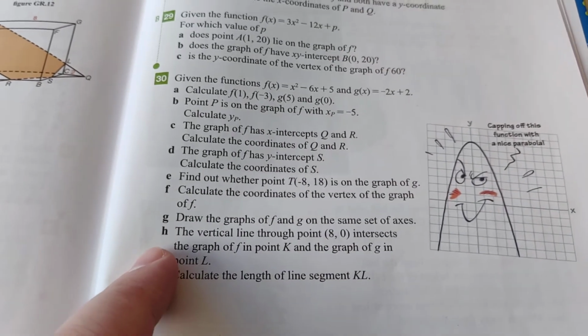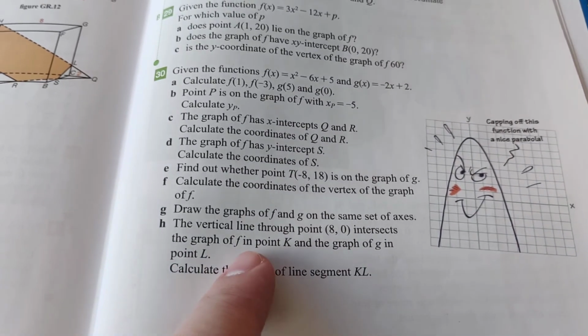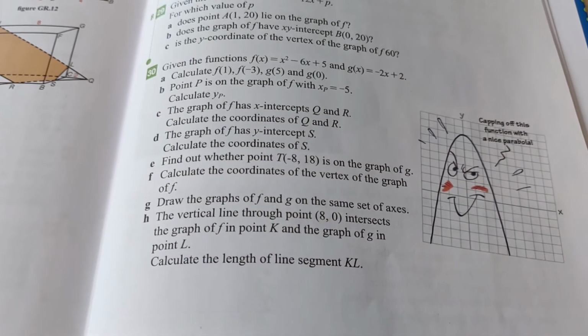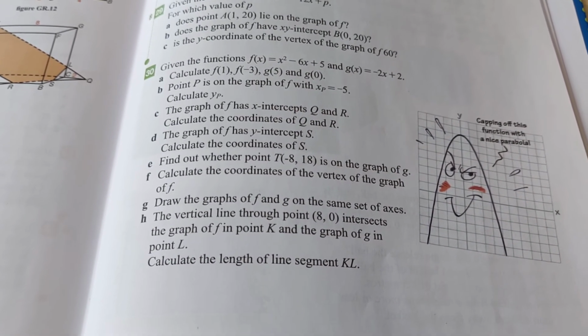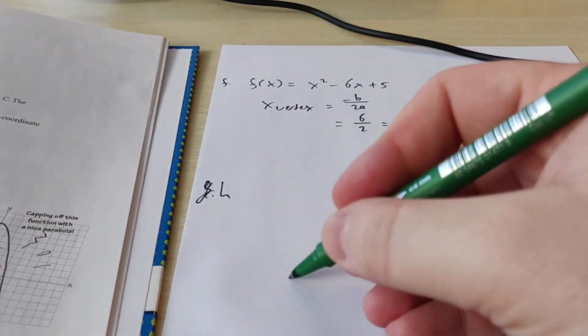It says there's a vertical line through point (8,0), and it intersects the graph of f in point K and the graph of g in point L. You need to calculate the line segment there, because I'm going to sketch these two graphs here. So for H, we draw a set of axes.